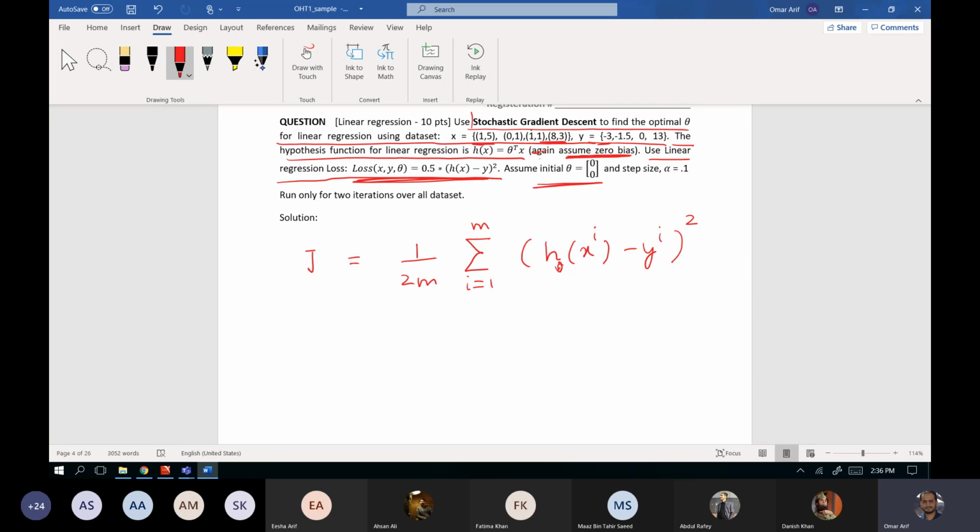But since I am using stochastic gradient descent, for each training example I will use the gradient of just that example, and not some overall values of the training examples or all values of i. Which basically means if I just look at one example, then my loss is simply this.